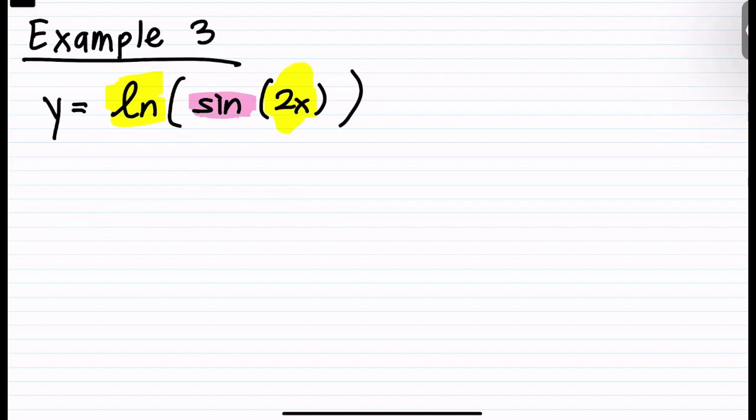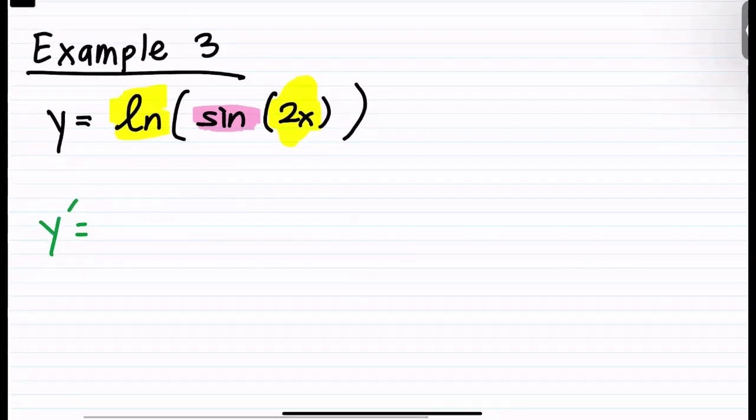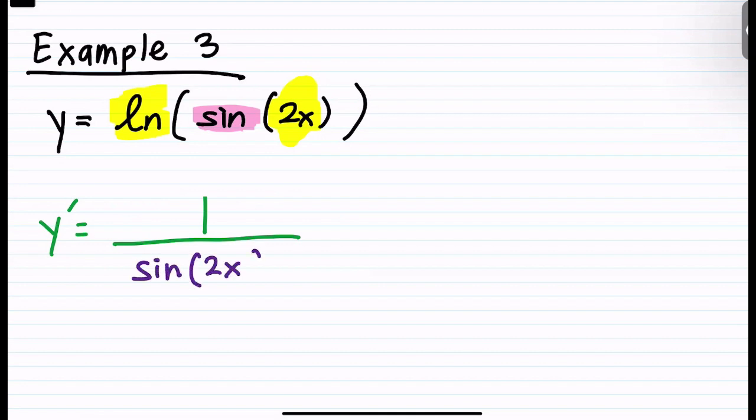The rule stays the same, so let's use the chain rule. Take the derivative of the outside function, which is this natural log function. So if you remember, the derivative of the natural log function is 1 over whatever is inside the parentheses, which is sine of 2x. So remember, take the derivative of the outside function, but leave the inside function alone.